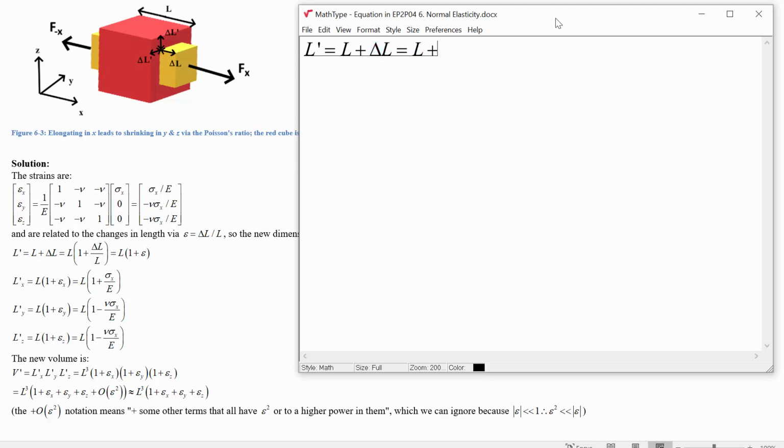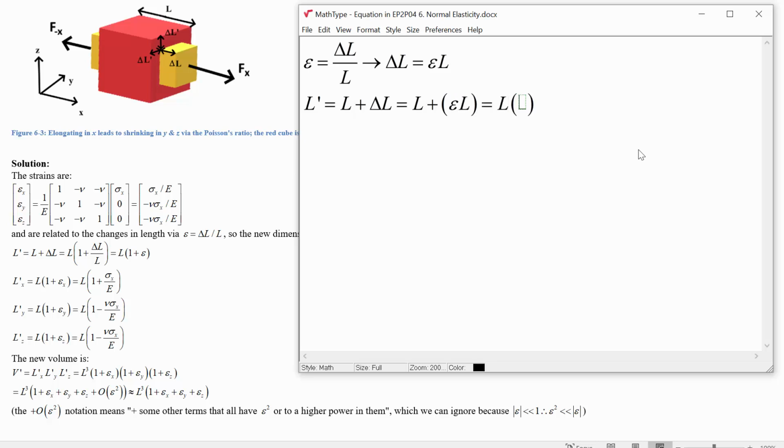So this is L plus delta L. Let's remember that strain is equal to delta L over L. So we could rearrange this and find delta L, the change in length, is the strain times the length. If we substitute that into here, then you can see that we have L times 1 plus the strain is the new length. Okay, so we're just going to do that in each of those 3 different dimensions, x, y, and z.